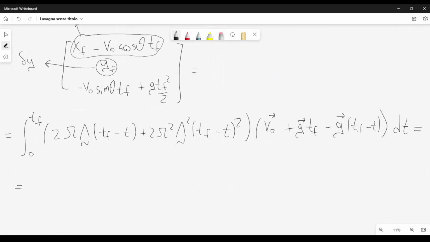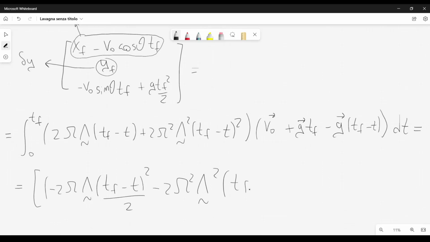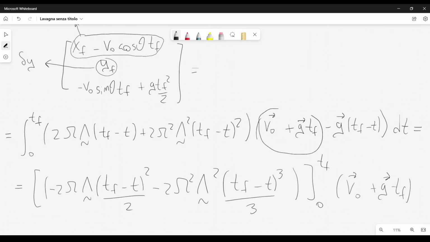Let me do it here. We have minus 2 omega lambda tf minus t squared over 2 after integration minus 2 omega squared lambda squared tf minus t cubed over 3, and we have to evaluate it between 0 and tf, and then we multiply this by v0 plus gtf, because when we multiply this constant term by this, I simply have to integrate this term here and this term here.